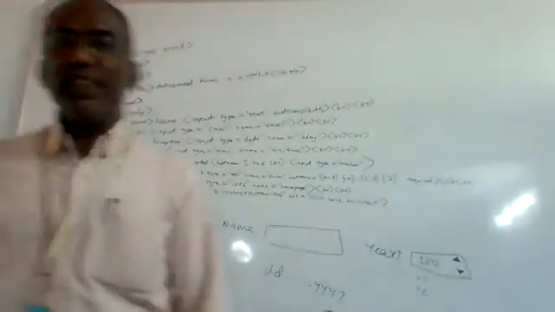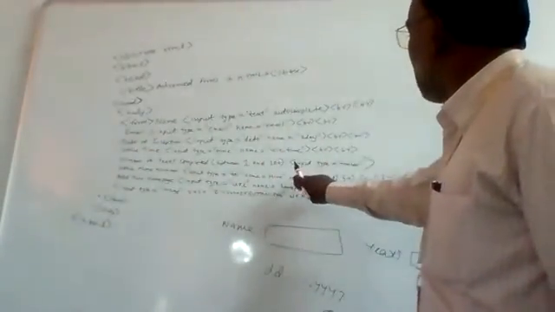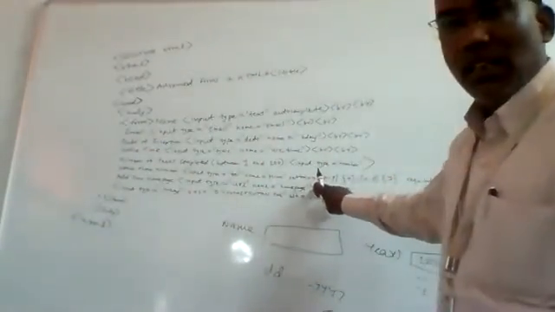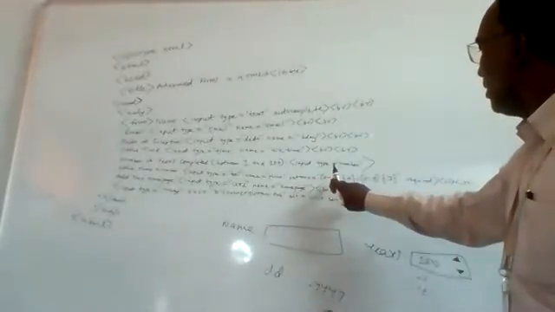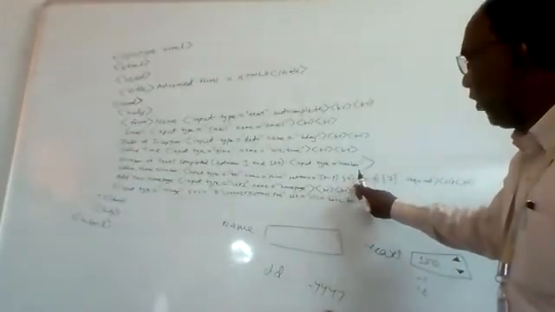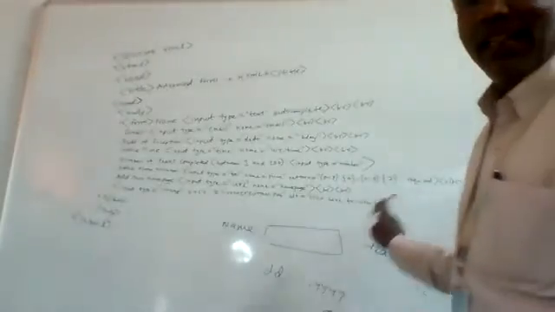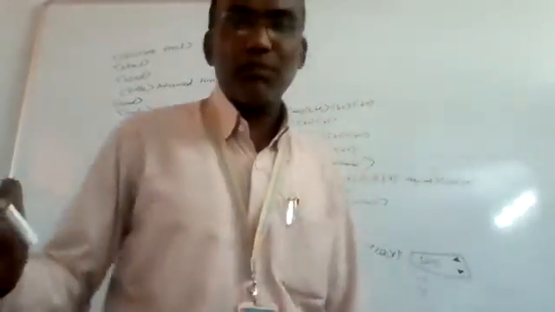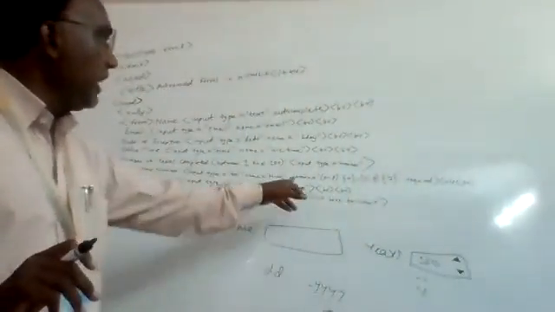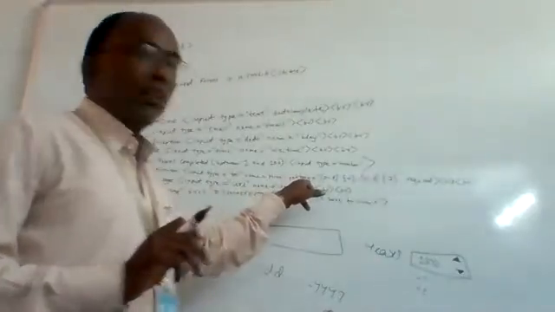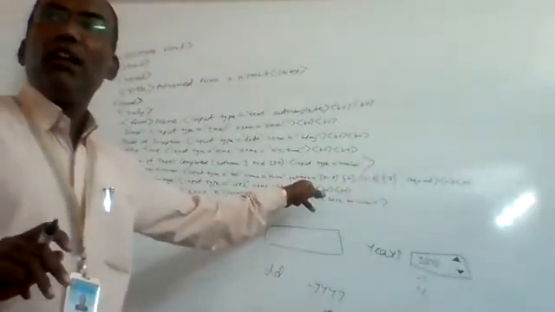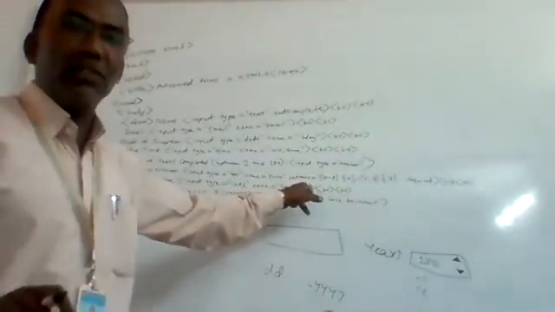Now here we are using the attribute pattern, which is equal to 0 to 9 with a length of 4, 0 to 9 with a length of 7, and required. Now here we have given the pattern for validation purposes.